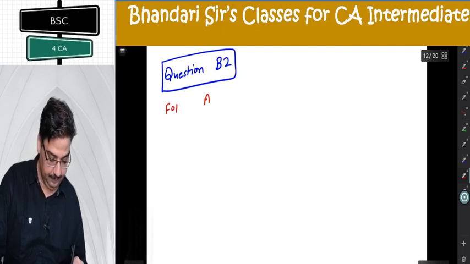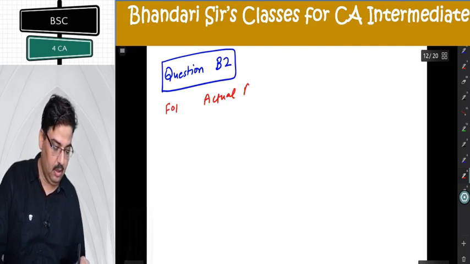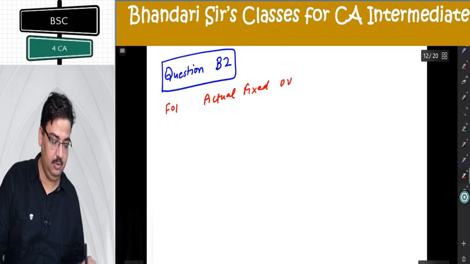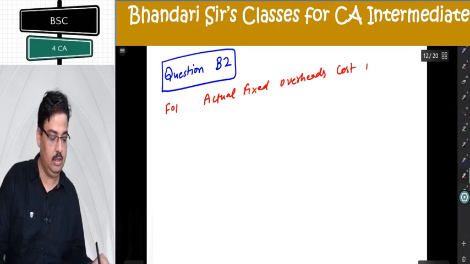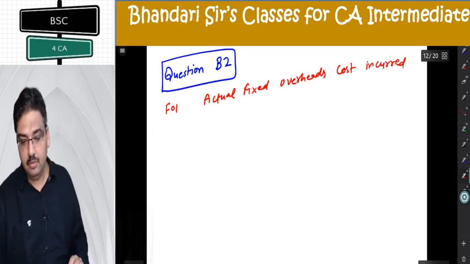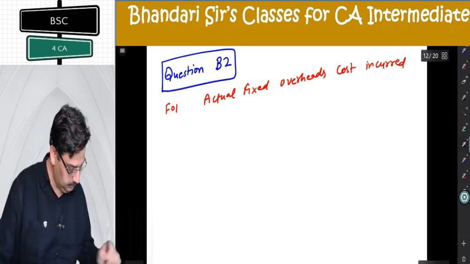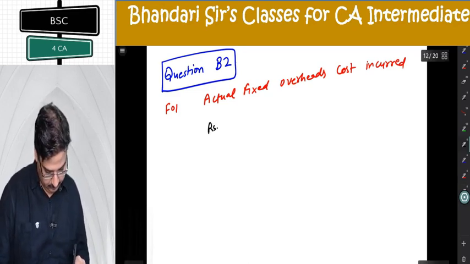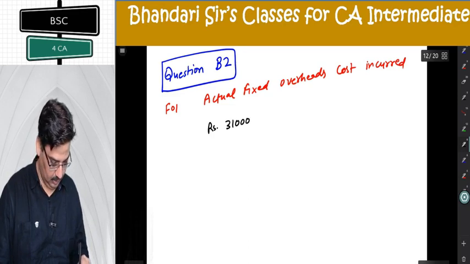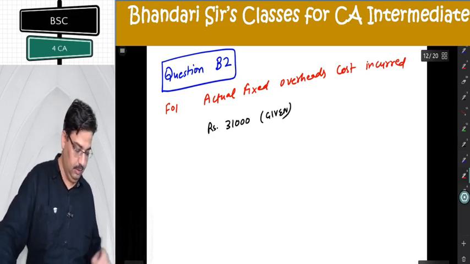FO1, actual fixed overheads cost incurred. It is given in the question, 31,000.